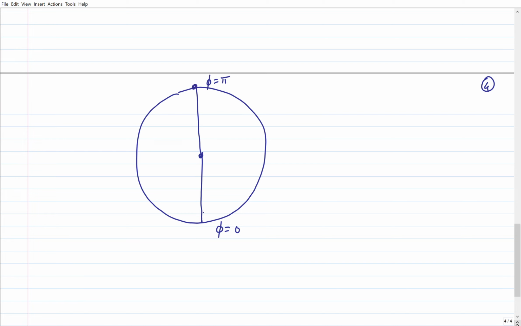When the bead is here or over here, I get fixed points, and you can easily check intuitively when the bead is rotating. If it is here, it will stay here, or if it's here, it will stay here.